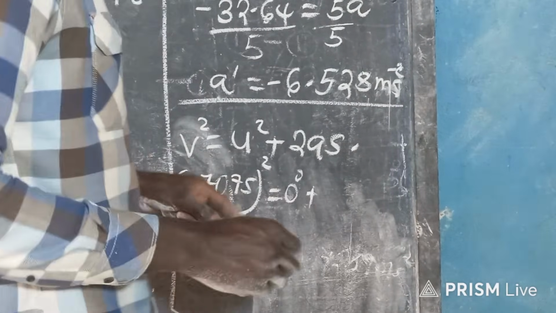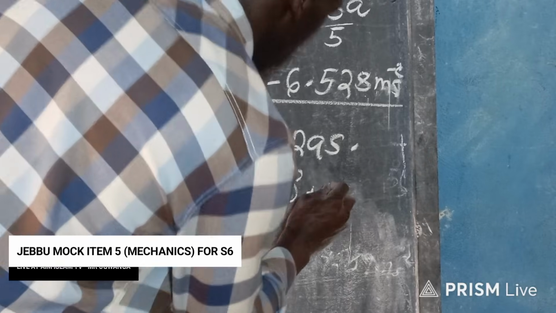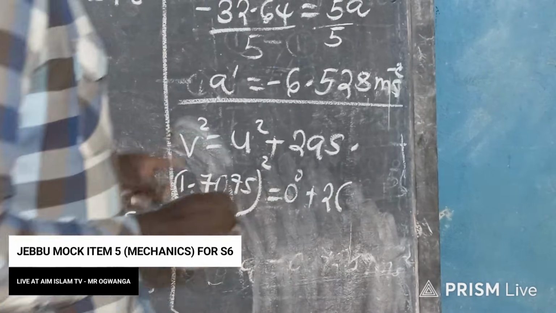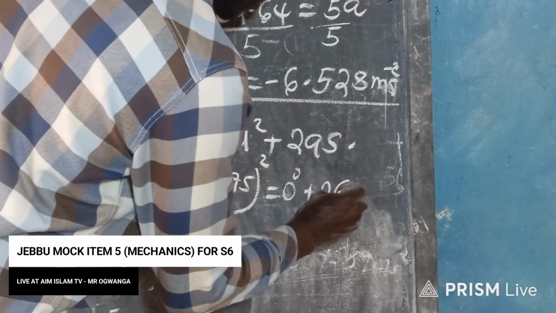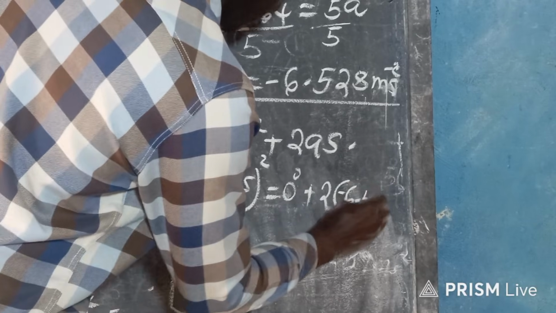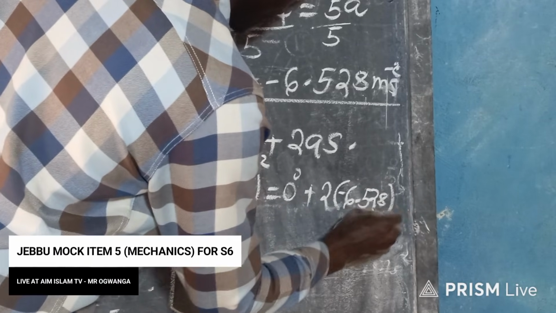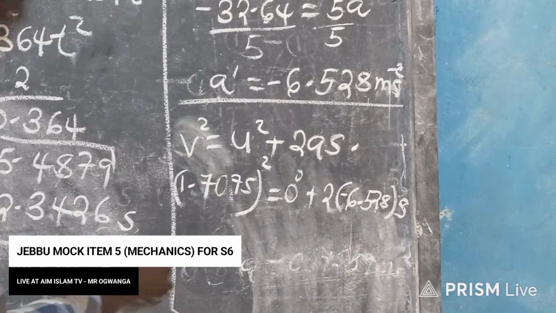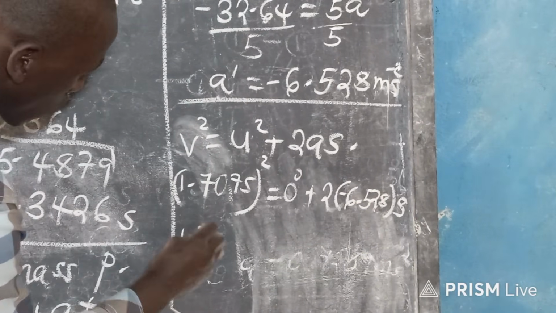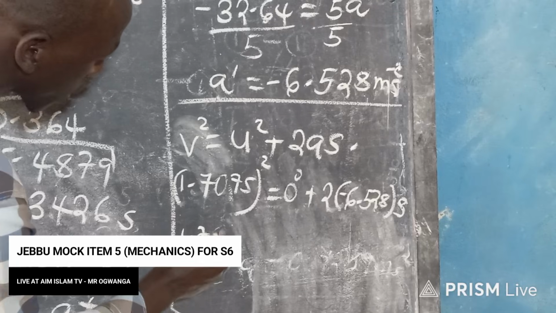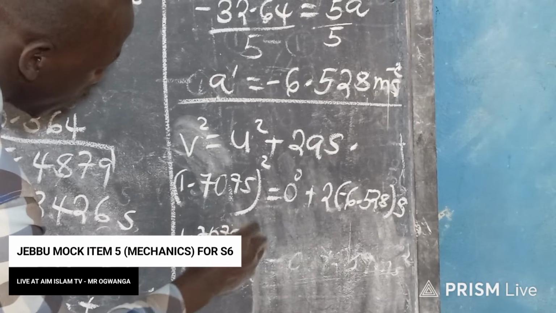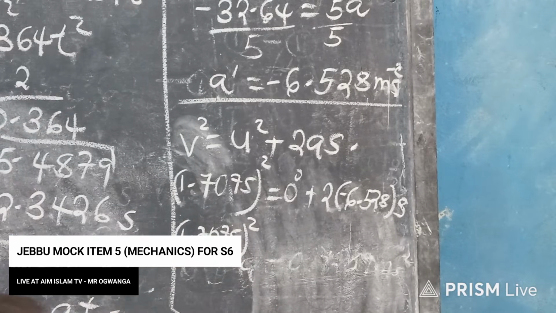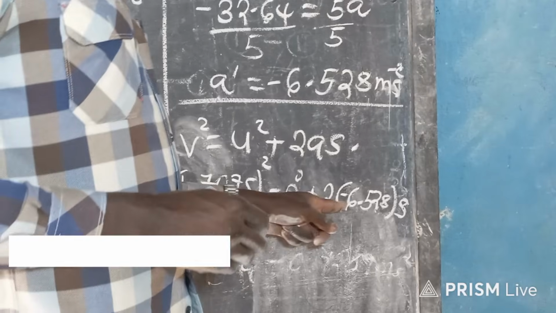This body is moving, so this is 2 into our acceleration, negative 6.528, times our S.